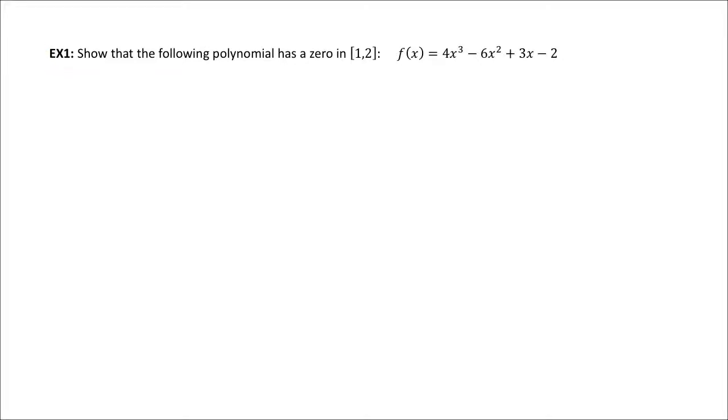All right, so let's see, how do we put the IVT into practice? This question is asking us to show that the following polynomial has a 0 in the interval 1, 2. Having a 0 really means that graphically it has an x-intercept between 1 and 2. It may have more than one intercept between 1 and 2, but we want to show that it has at least one.